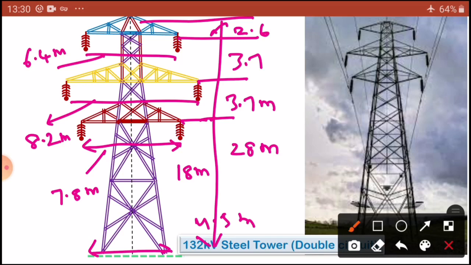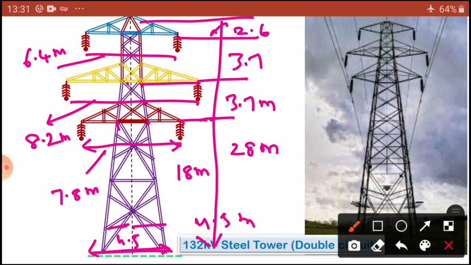So based on this dimension, this is 4.5 meters; instead of 4 meters here I have taken 4.5 meters. Take the 4.5 meters, that is the half of this length, and take the 18 meters height; appropriately take 1 meter, 1 meter, and draw the line. Then increase the length by 3.7 meters in height for another cross arm.